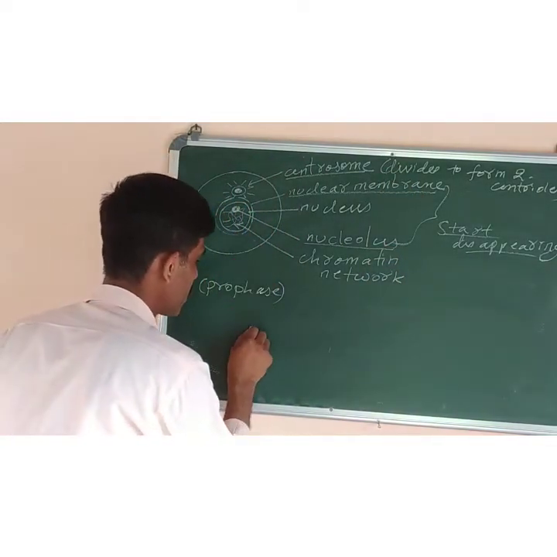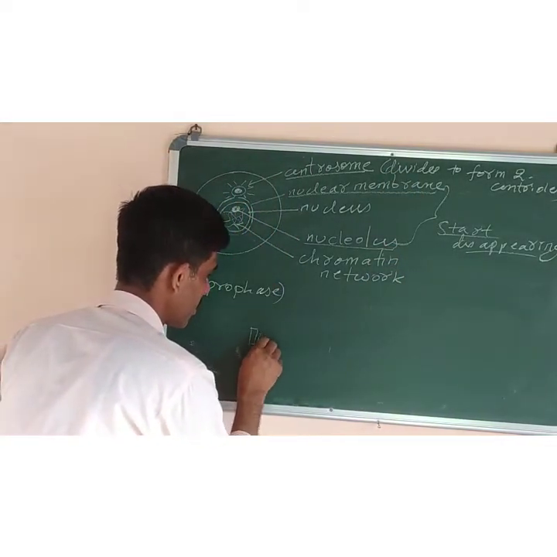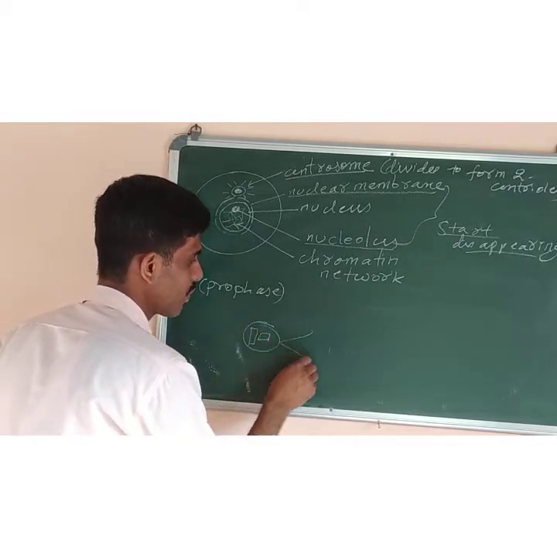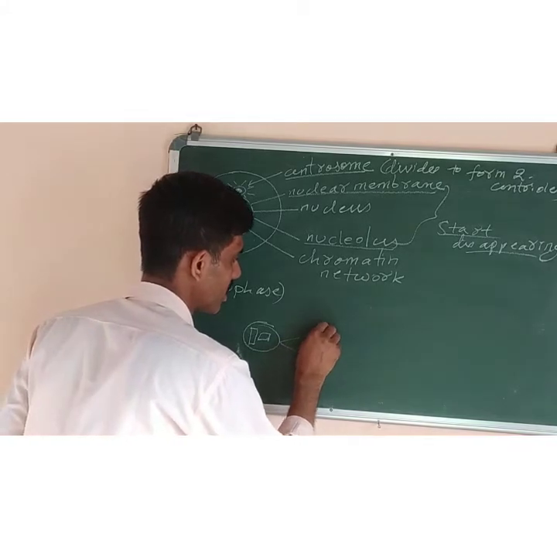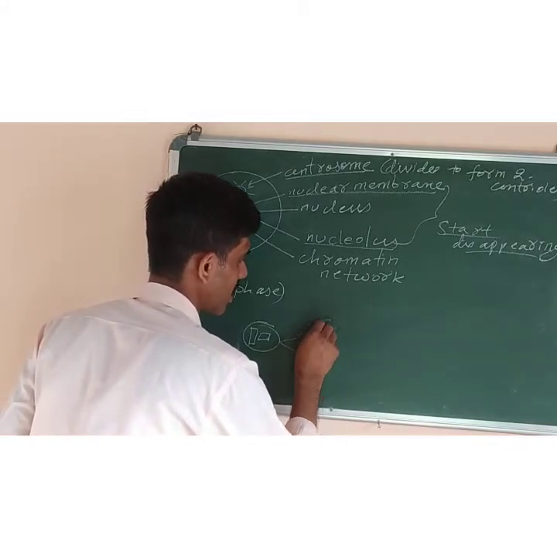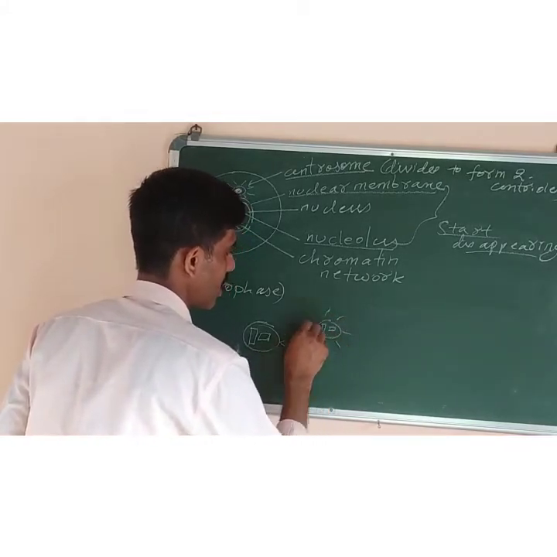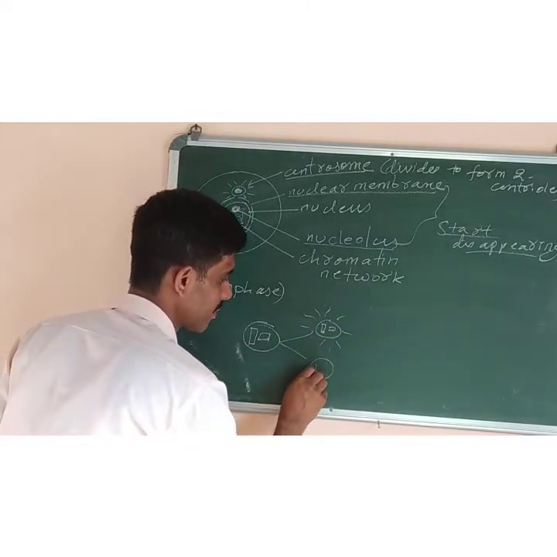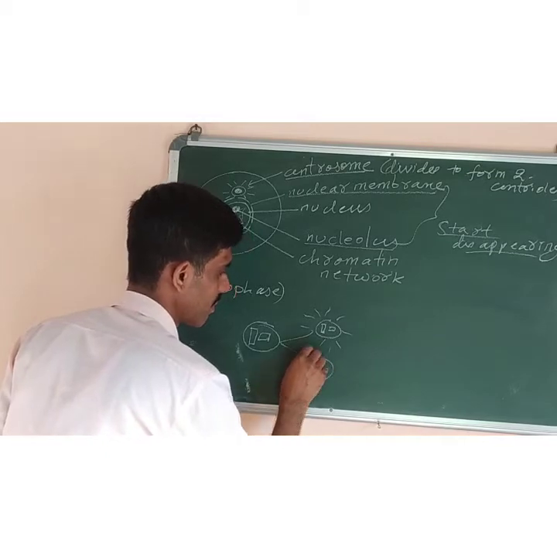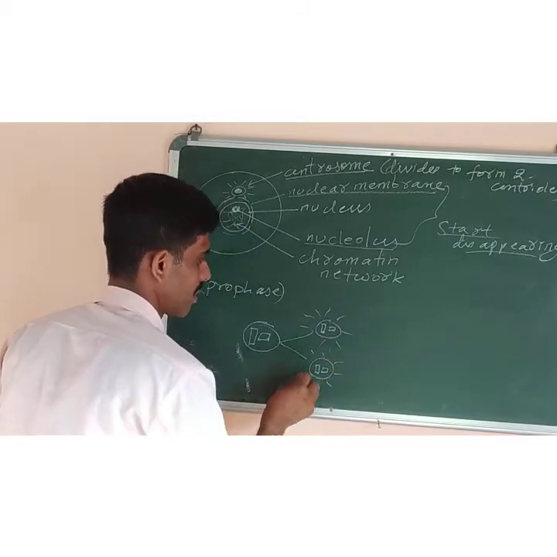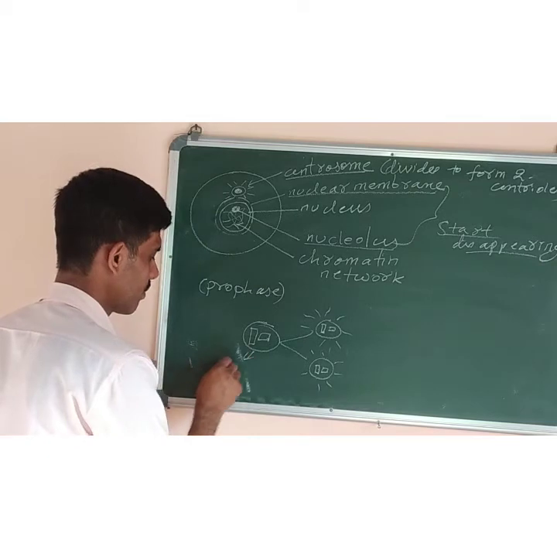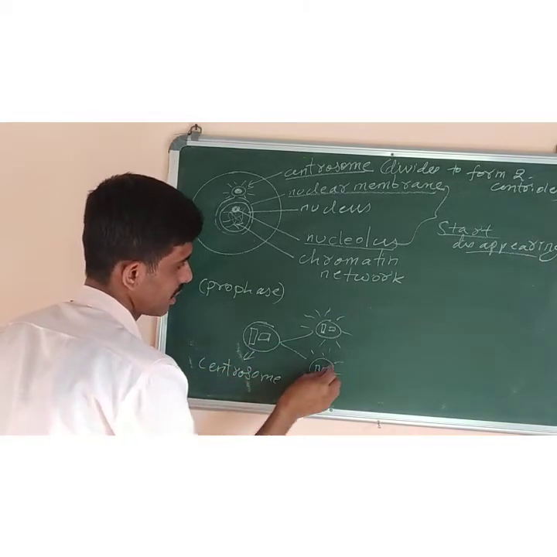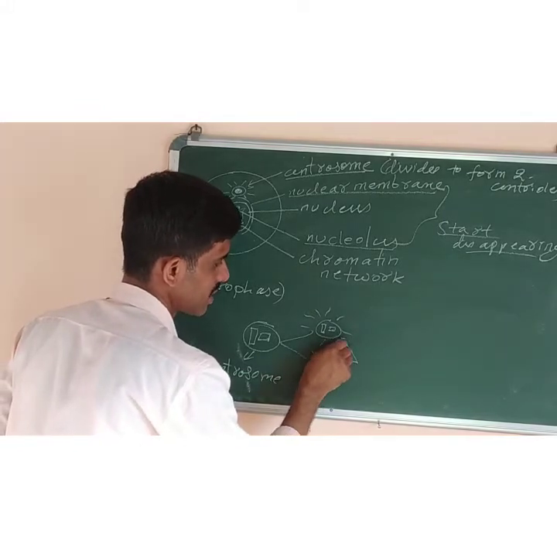Like if this is the centrosome, it will divide to form two centroids. Two centroids like this, one more will be formed here. These two are the centroids. This is centrosome. And these two are known as centroids. What are they called?